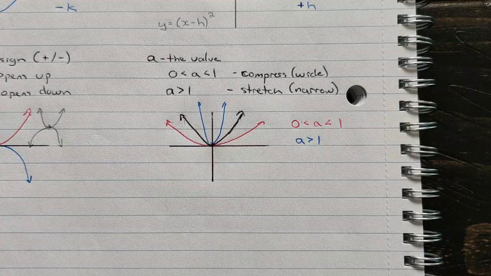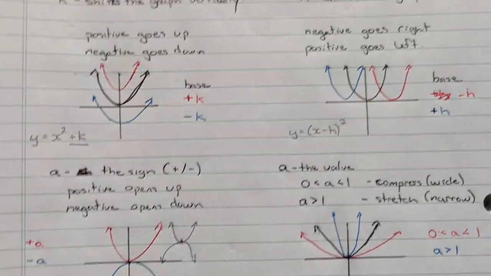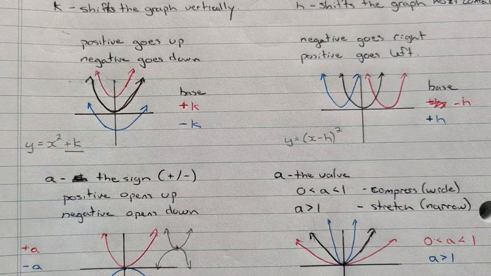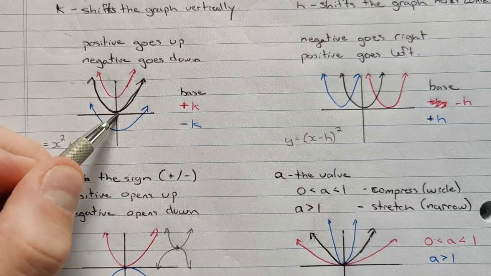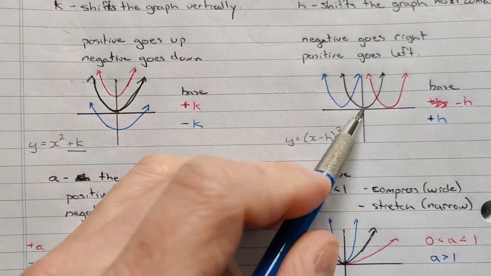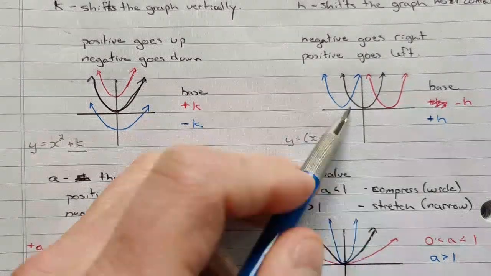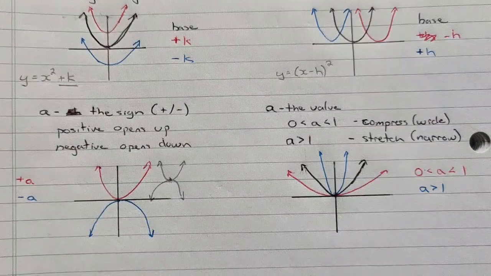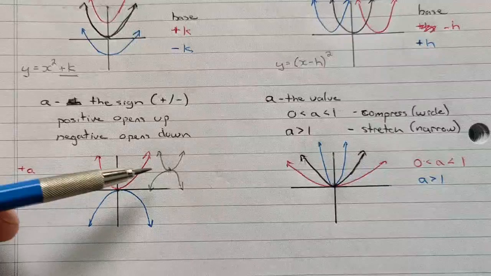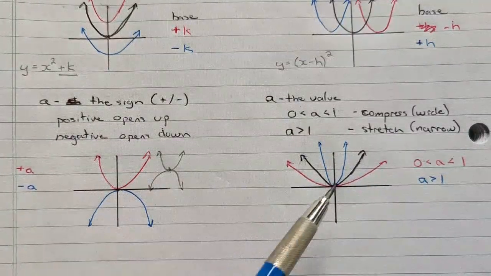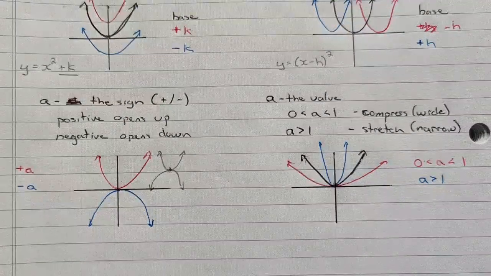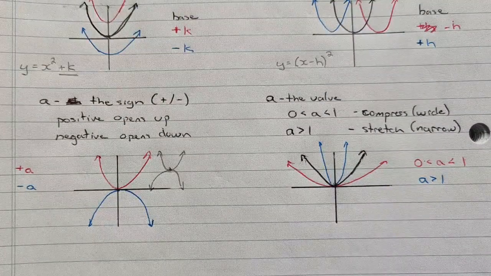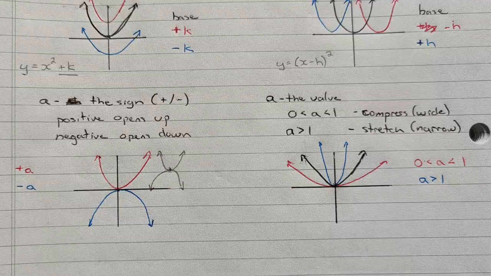Take a look back at that text for the base values at the vertex.